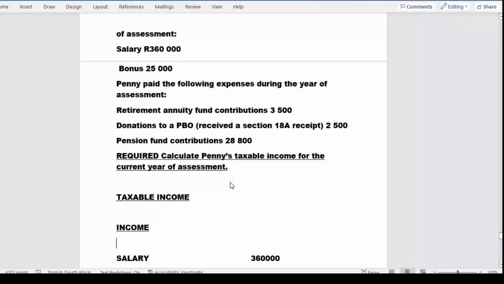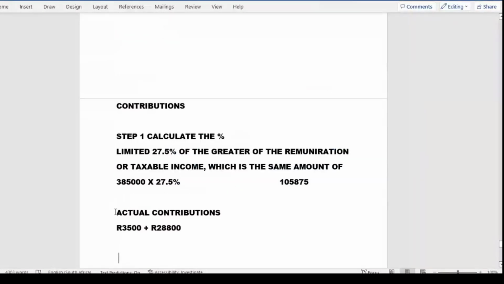So how much is 3,500 and 28,800? Anzani, I'm very much concerned about you. You're very quiet. 3,500 plus 28,800, I've got 32,300 in total. Equals 32,300 rand.